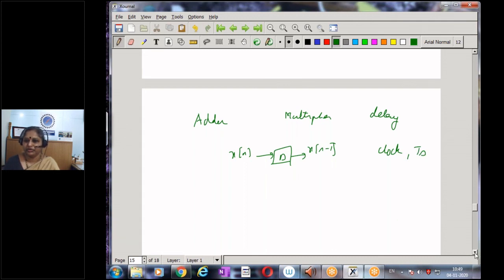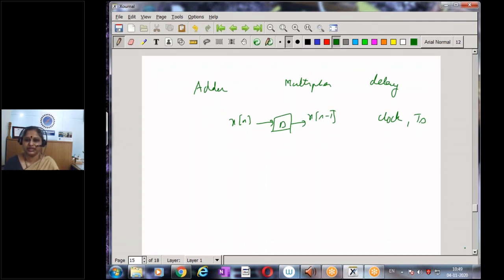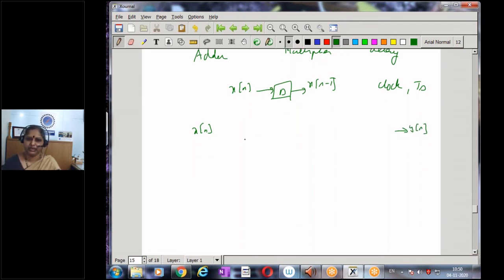So all that we require is an adder, multiplier, and delay elements, and using these I can implement the difference equation. My input to the system is x[n], and my output is y[n]. So I have an adder, and a0 times x[n].